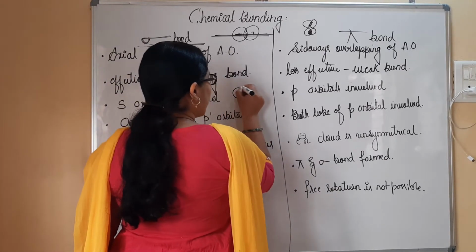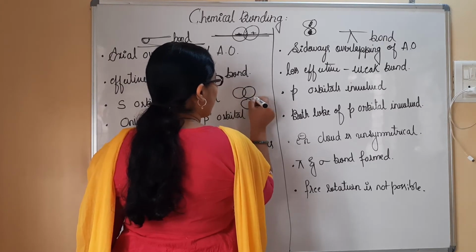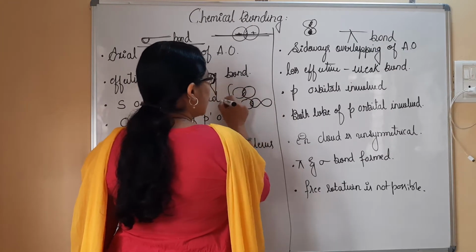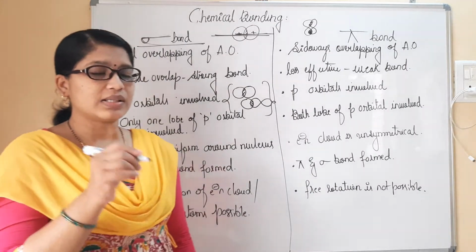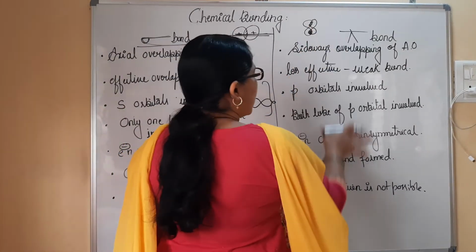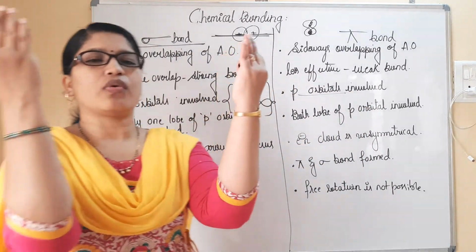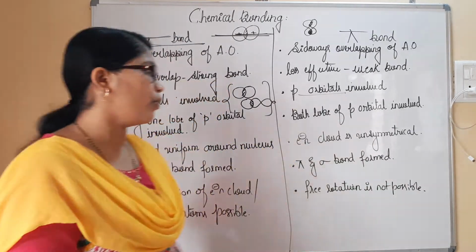That is head on overlapping of two s orbitals and head on overlapping of s and one lobe of p is possible. Only these two things are possible, and in both the cases we can consider them as sigma bonds only. But in case of pi bonds, only p orbitals are involved. Sideways overlapping of two p orbitals will form pi bond.